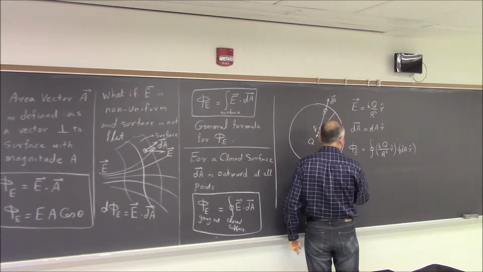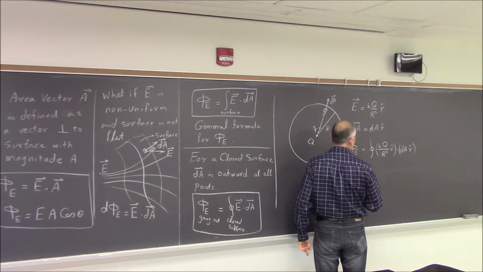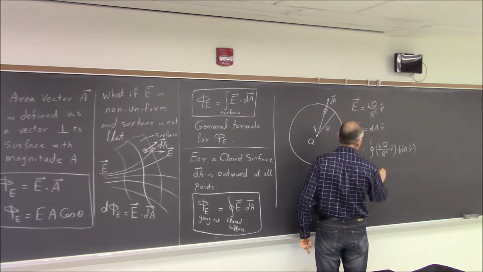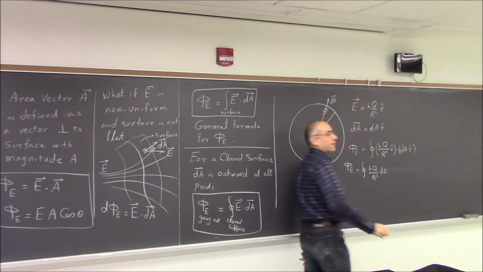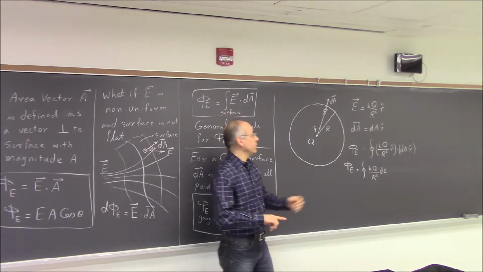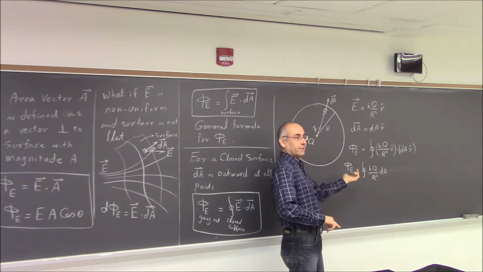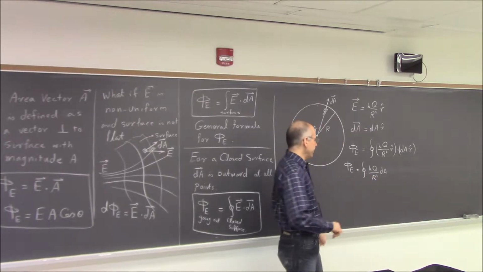So phi E becomes the integral over the surface of the sphere, kq over r squared dA. I want to take everything that's constant outside. As we move around in here, q is constant. What about r? r is constant because we are on a sphere.